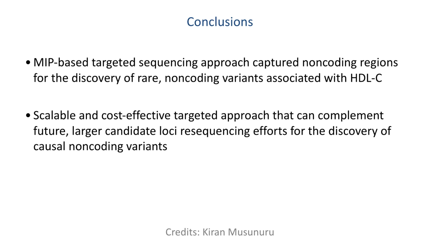MIP sequencing thus offers a scalable and cost-effective targeted approach that could complement future, larger candidate loci resequencing efforts for the discovery of candidate causal non-coding variants. Coupled with appropriate functional investigation of identified variants for impact on gene regulation, these efforts might substantially refine the causal genes at loci implicated by GWAS studies.